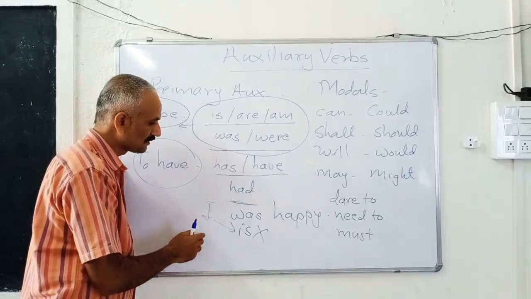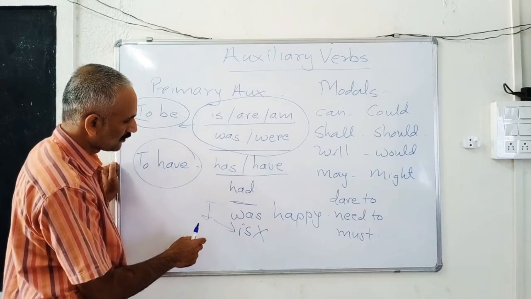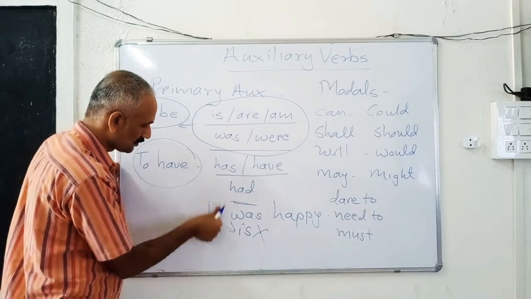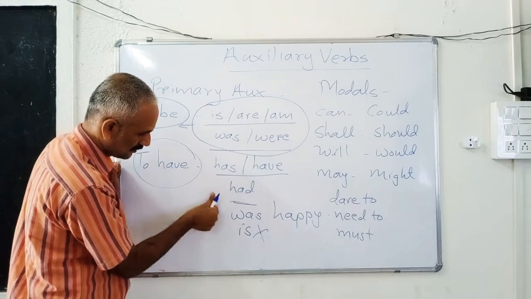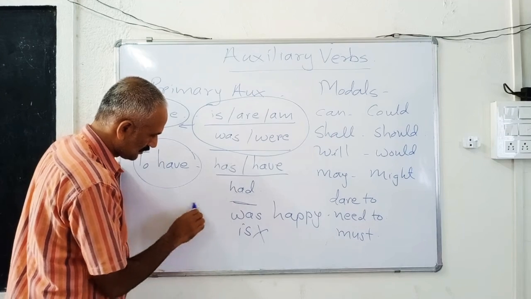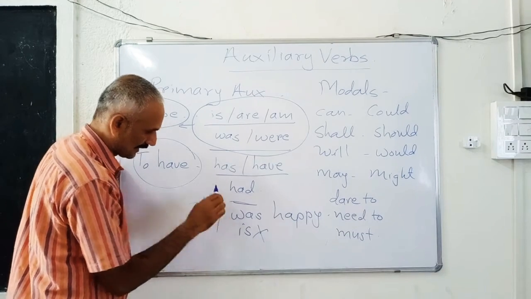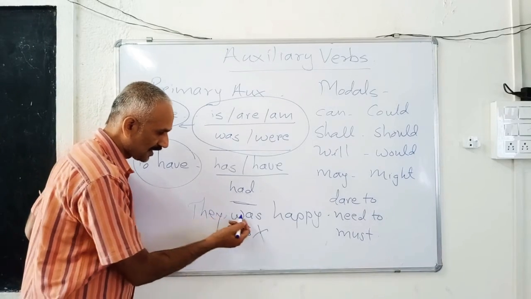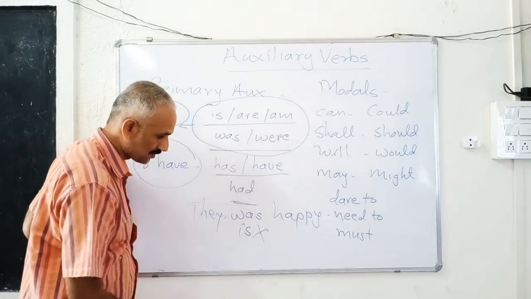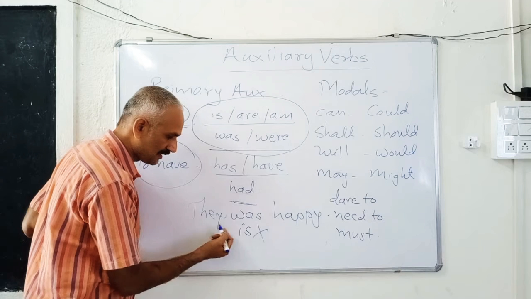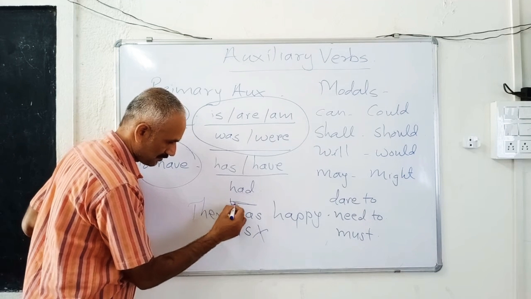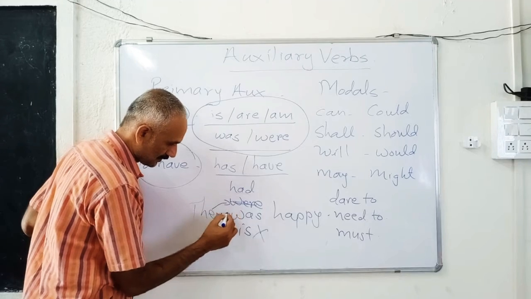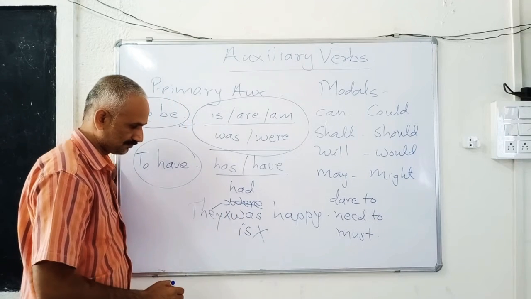Now let's talk about they. You can't say they was happy. You have to say they were happy. So it goes with this instead of this one.